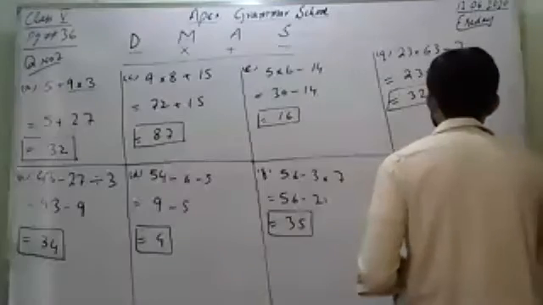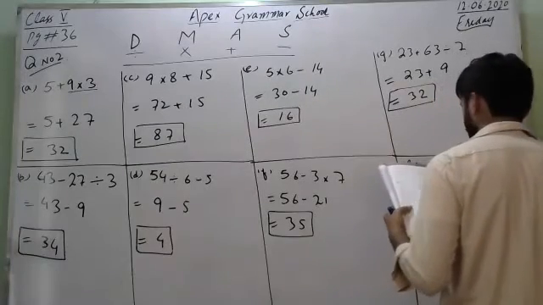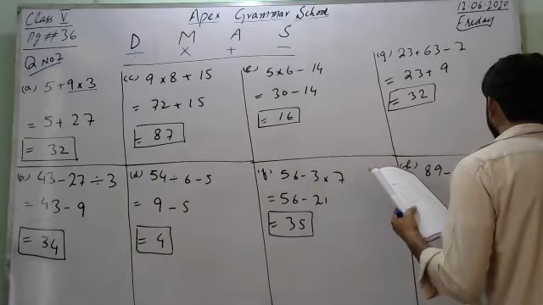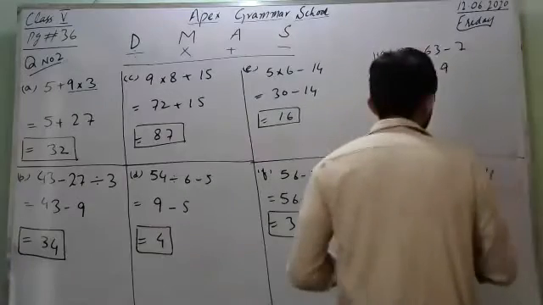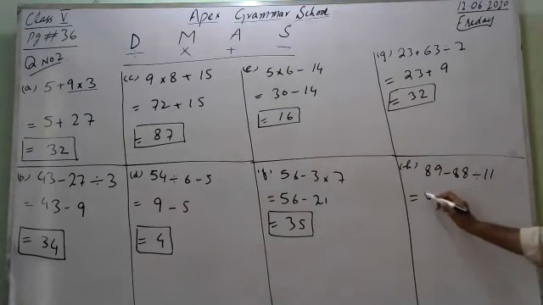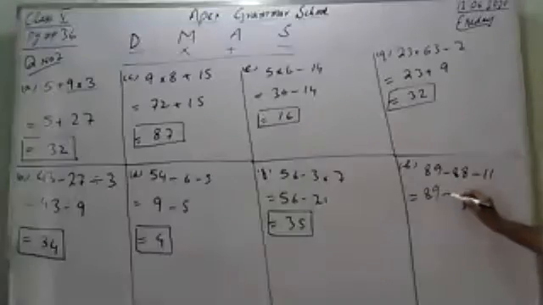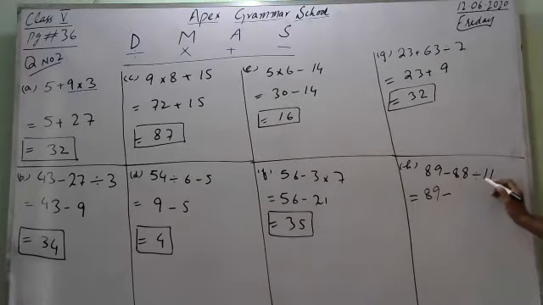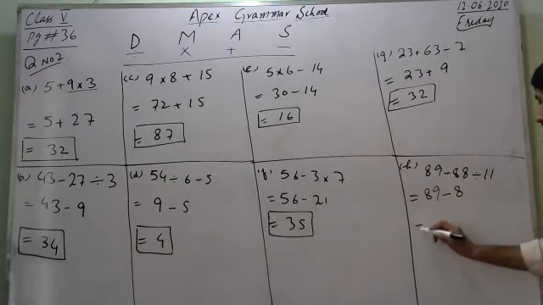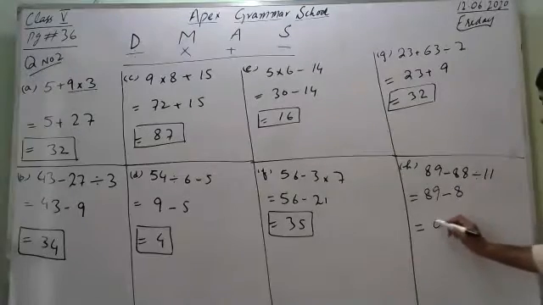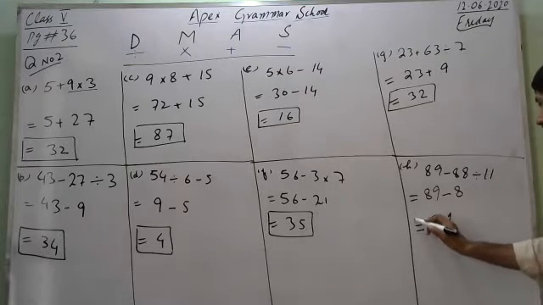H part is 89 minus 88 divided by 11. 89 as it is because we have to do division first. 88 divided by 11, answer is 8. 89 minus 8 is 81.